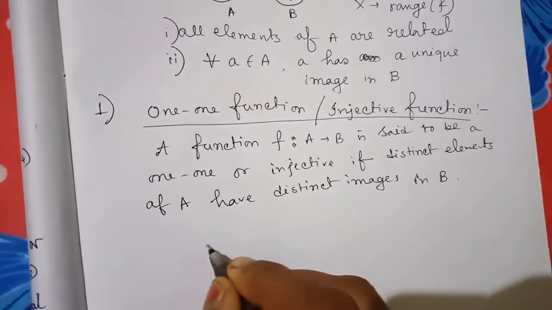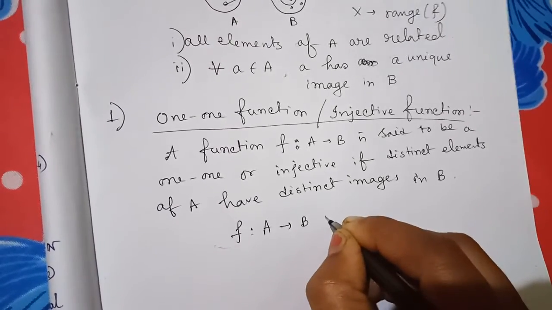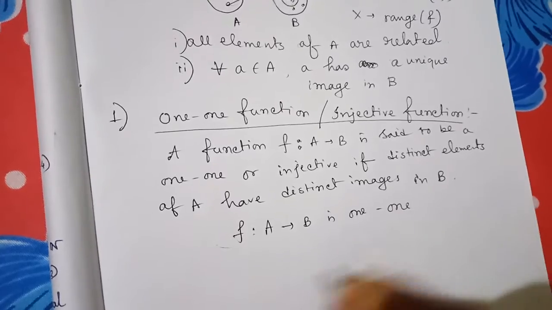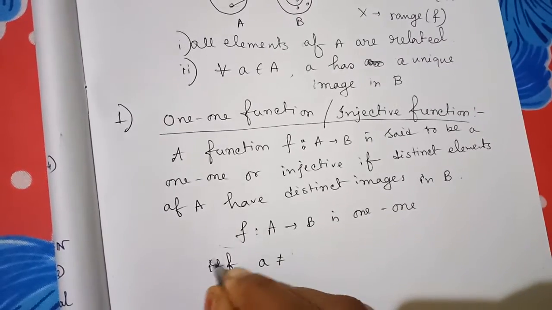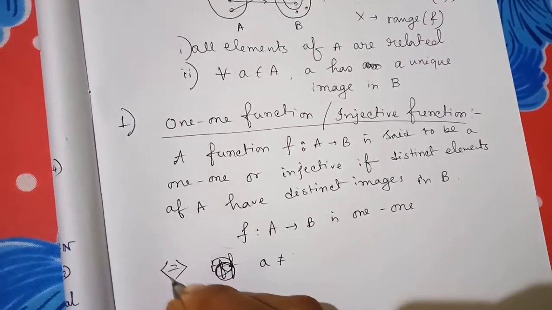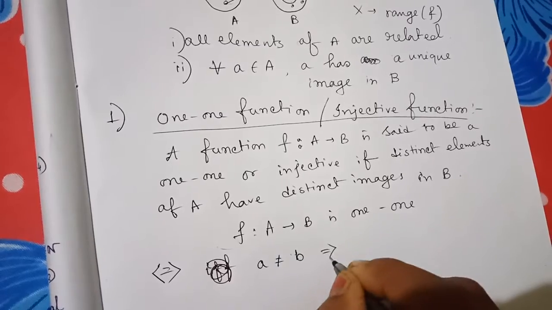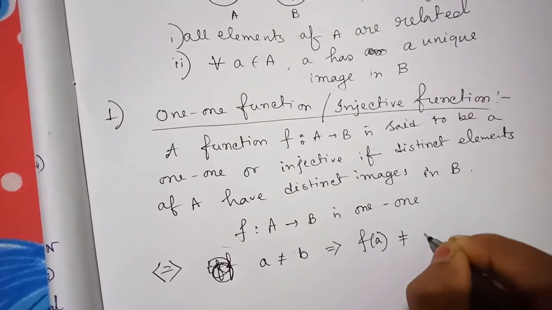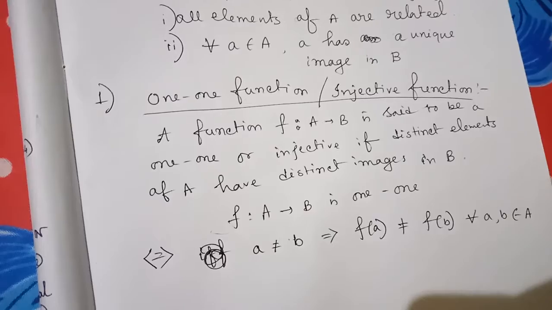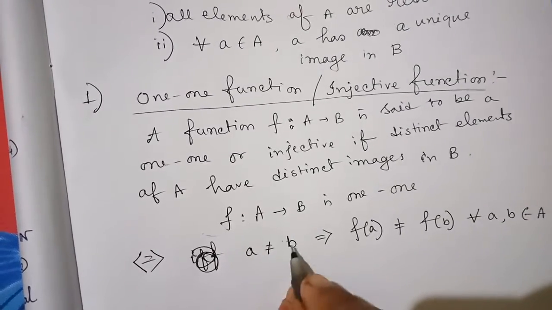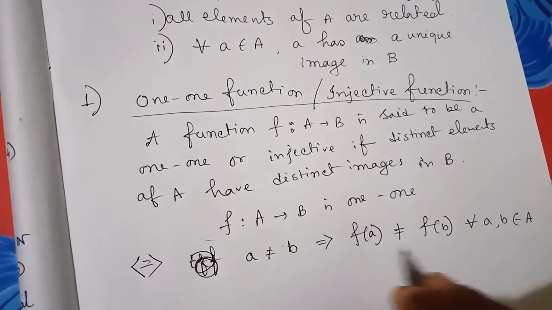Now mathematically we can say that f from A to B is one-one if and only if, in place of if and only if you can write implies and implied by, like this: a not equal to b implies f of a not equal to f of b for all a, b belonging to A. That means if two distinct elements are not the same, then their images also will be different.